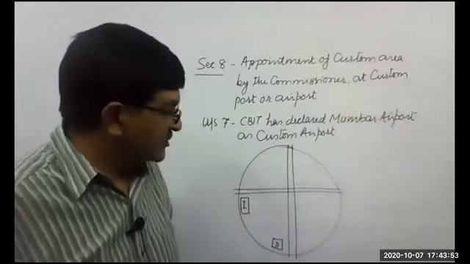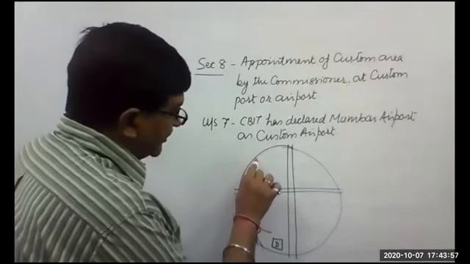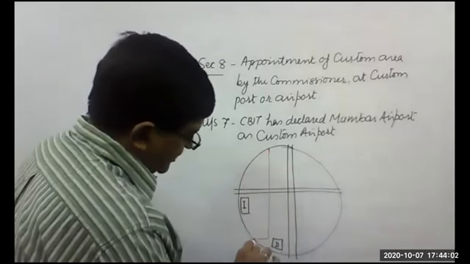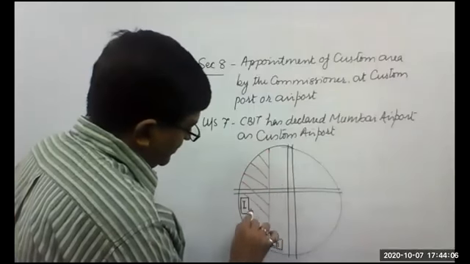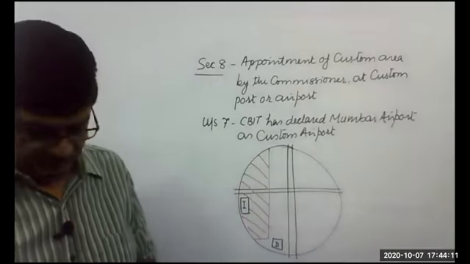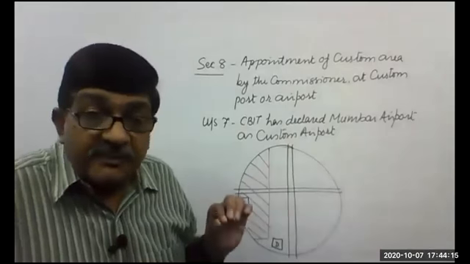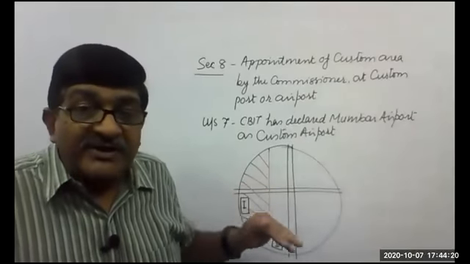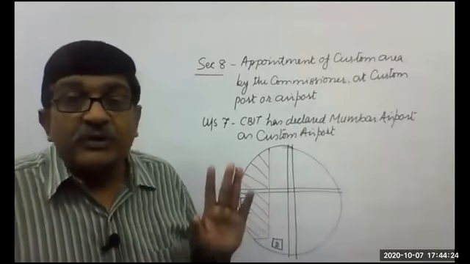So now let's assume that the commissioner of customs declares that this area is the custom area. It is not the whole airport, because keeping watch on the entire airport, where usually 500 aircraft land every day and 500 take off, will be very, very difficult for the customs authority.